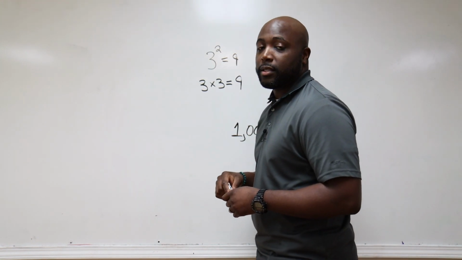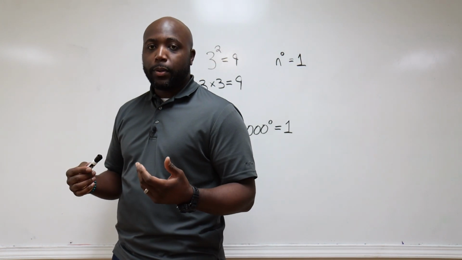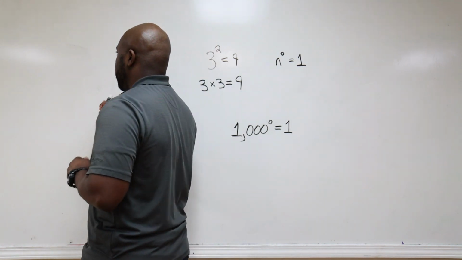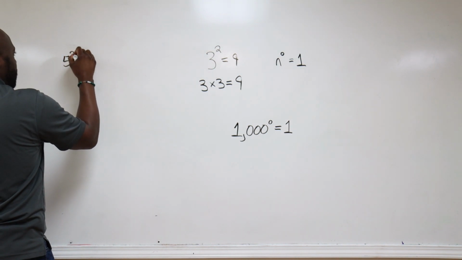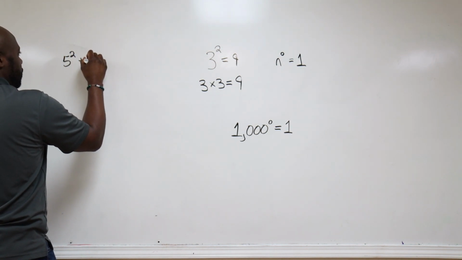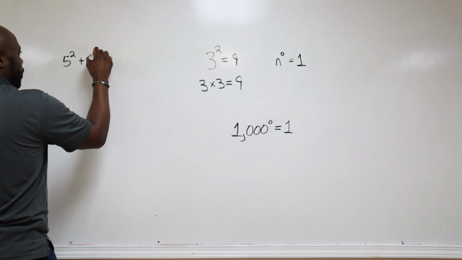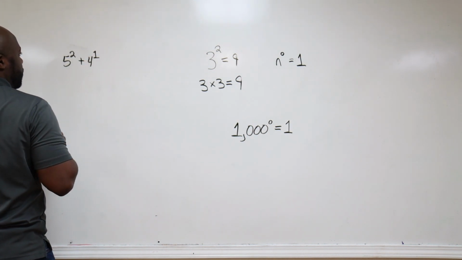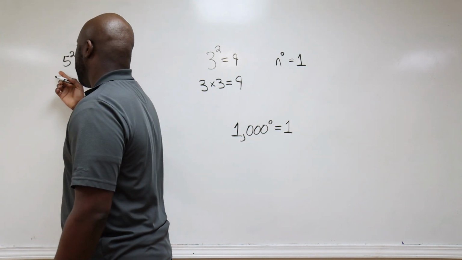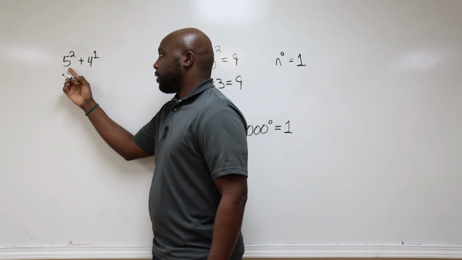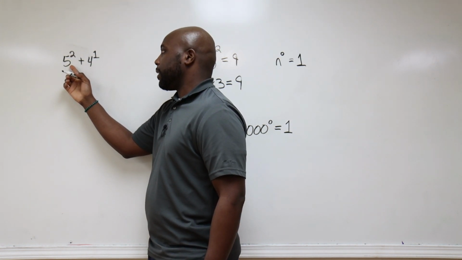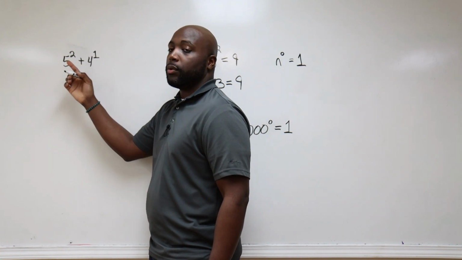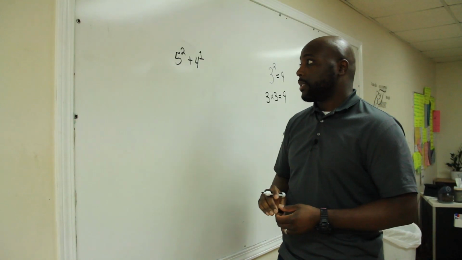Now let's transition into placing an exponent equation here, and we're going to utilize 5 to the second power plus 4 to the first power. Now we remember, any number is multiplied by itself according to the number of the exponent at the top.